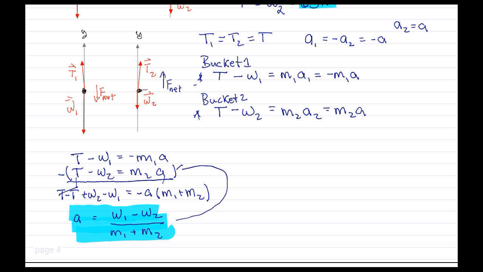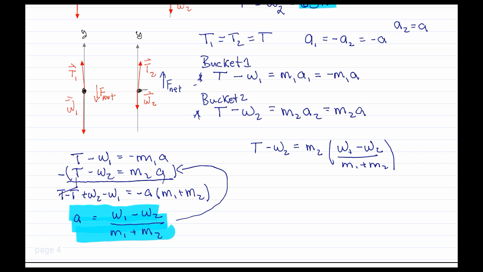So I'm going to use the second equation here. So we have T minus W2 is equal to m2 times a, which we've just discovered is W1 minus W2 over m1 plus m2.